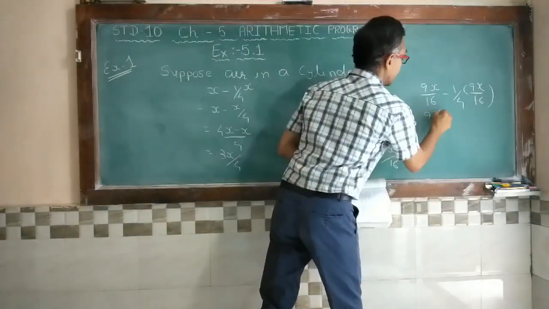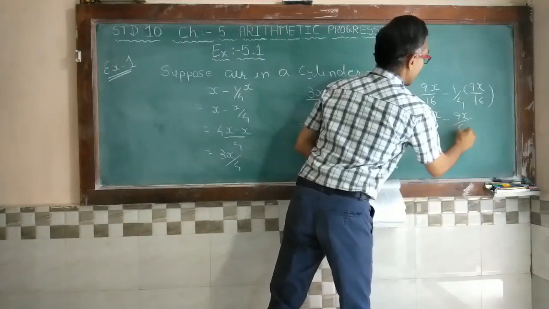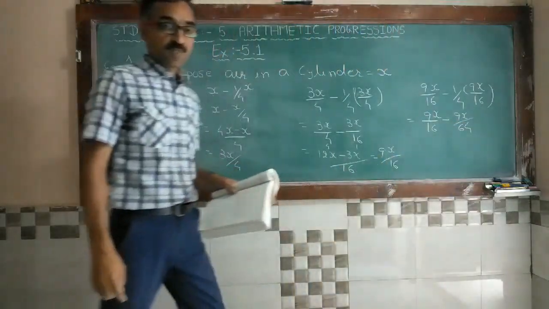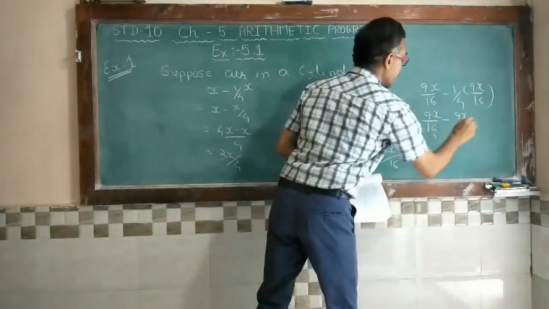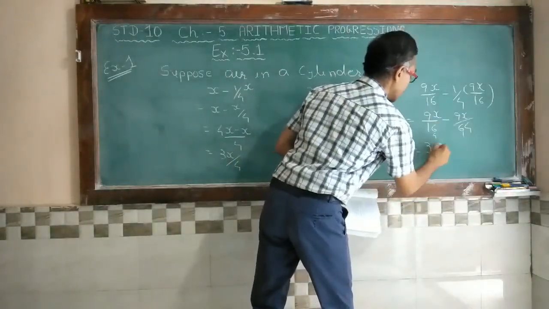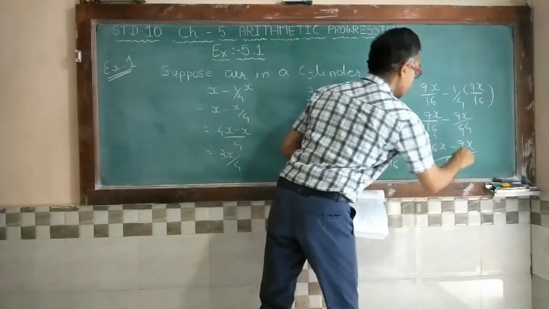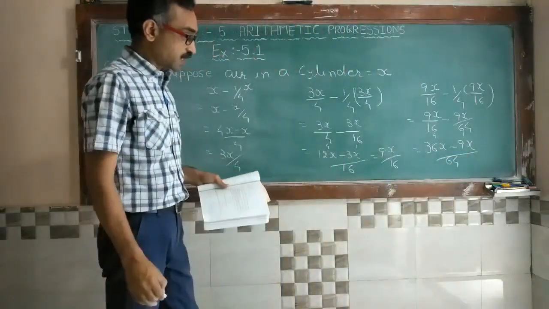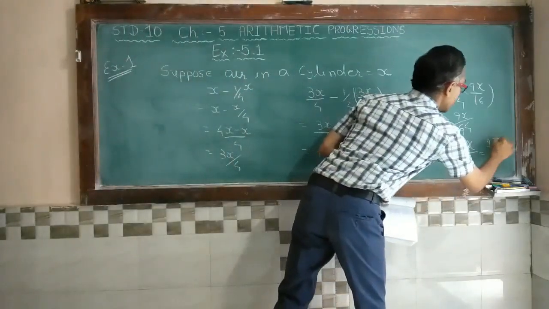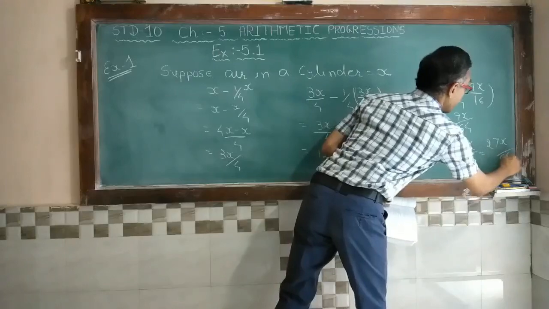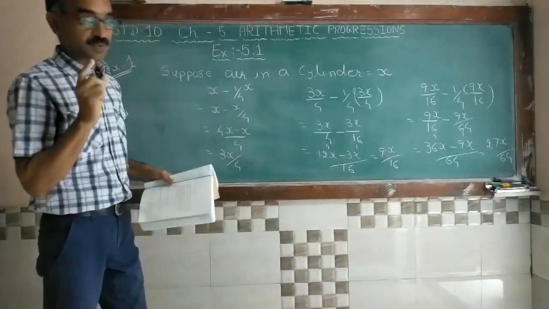So 9x upon 16 minus 9x upon 16 times 4. We are taking LCM. Multiply it by 4. Here 1. 9 4s are 36x minus 9x divided by 64. So 36x minus 9x, that is 27x divided by 64. So this is your fourth term.